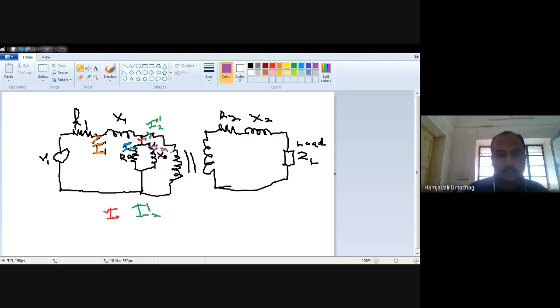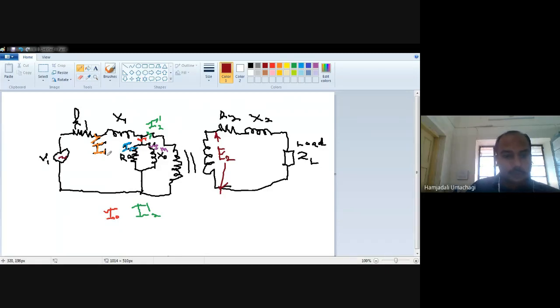So this entire magnetizing branch component is not there. So now this circuit diagram is your, what is that? E1 and E2 I will write. So this is your E2, and here it is V1 and then I1.